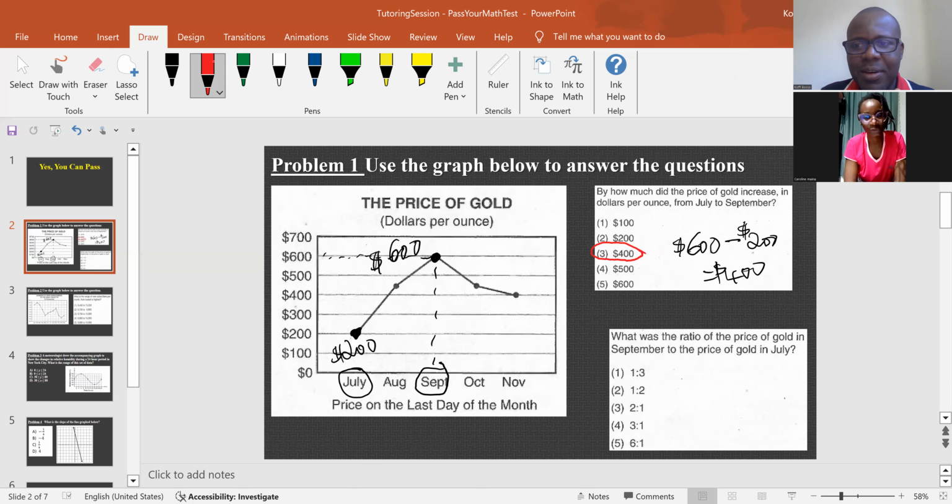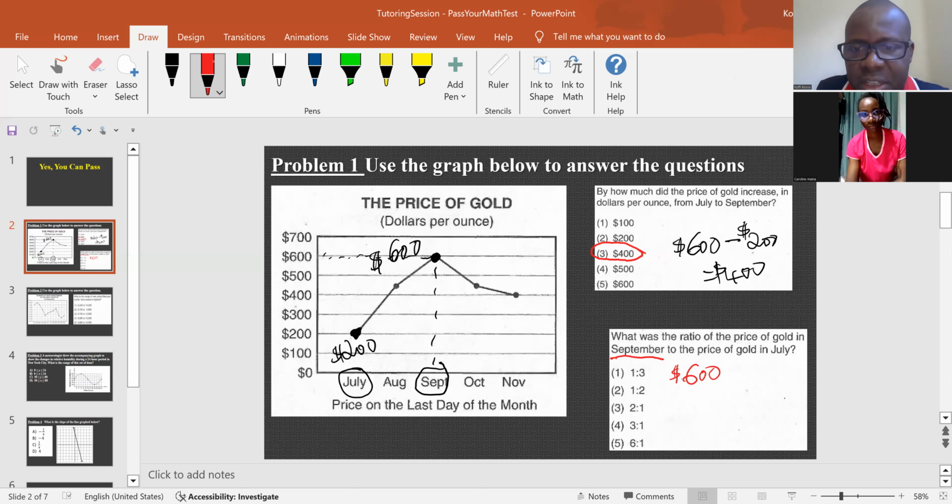Not really. Okay, when they say ratio of something to something, what comes first? Gold in September, which is 600.